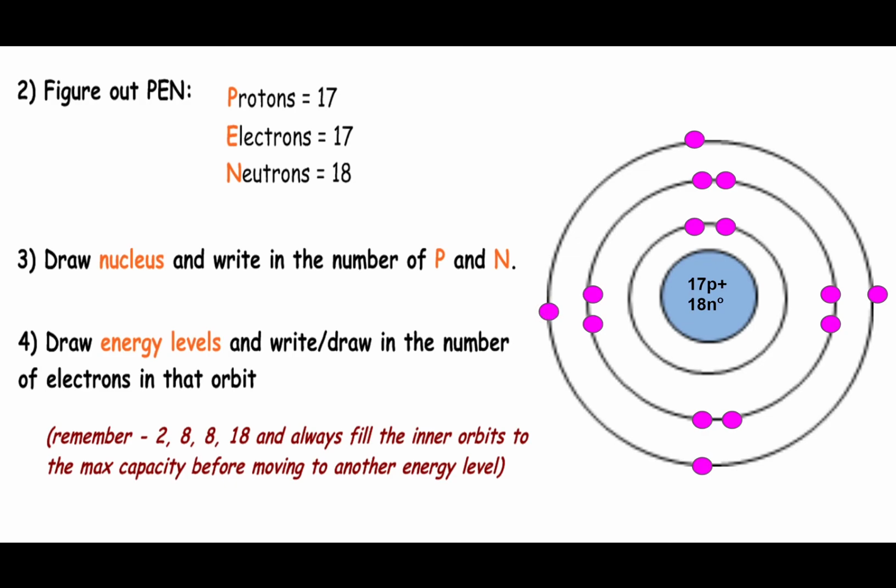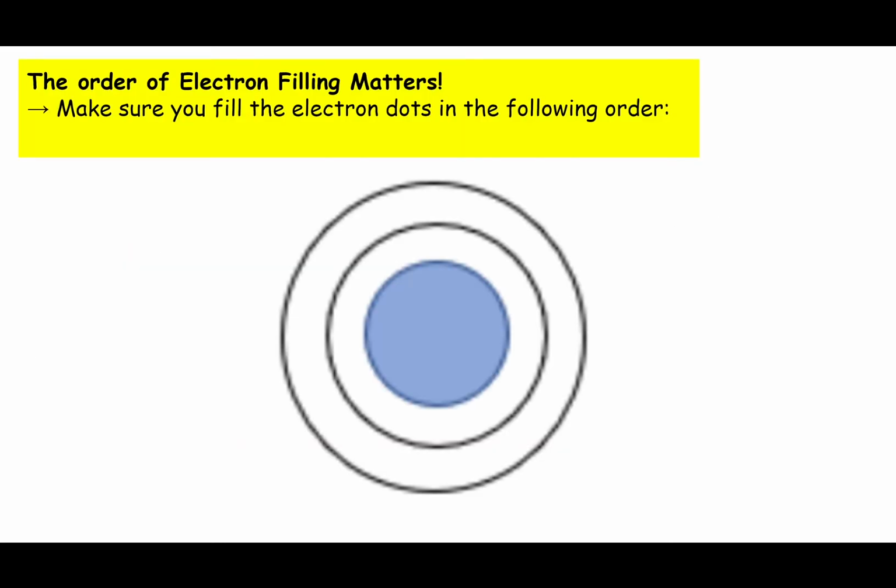Now, after those 4 have been separated, any extra electron in that orbital gets paired off. 15 gets paired off up top, 16 on the side, and then 17 on the bottom. Okay, so the order of that is very important when you are drawing your electron diagrams for Bohr Rutherford diagrams.